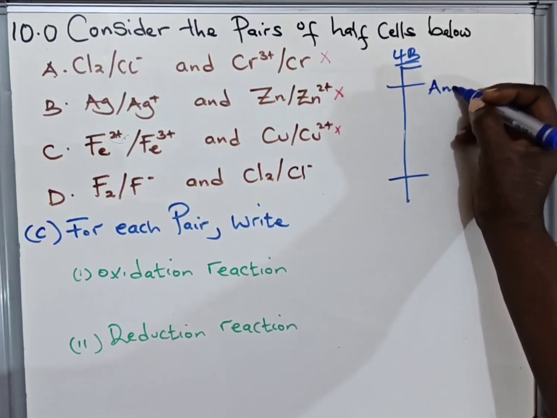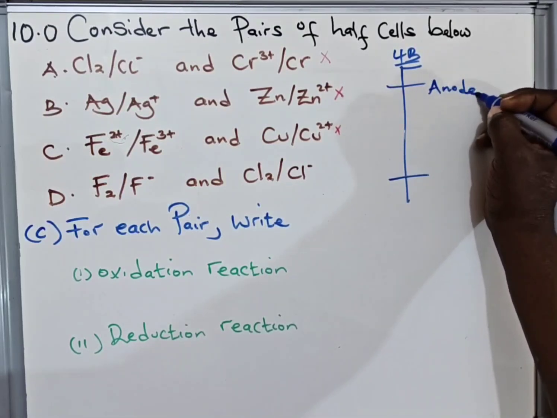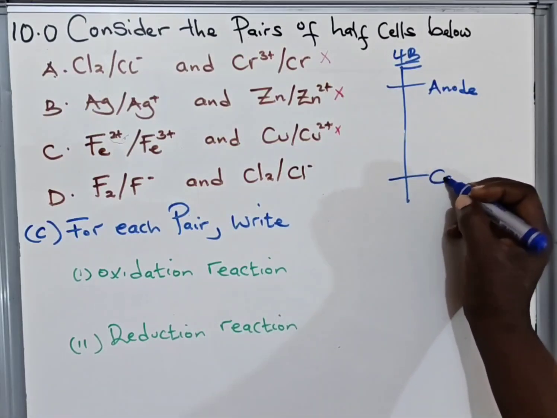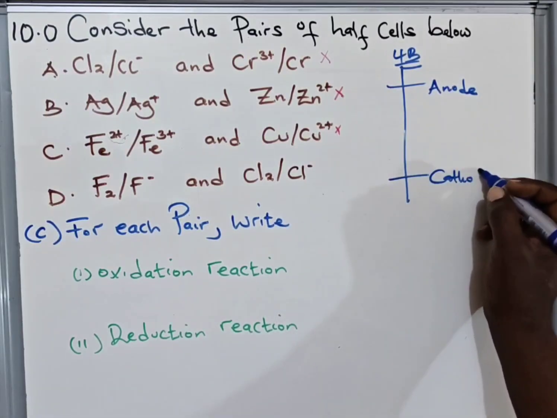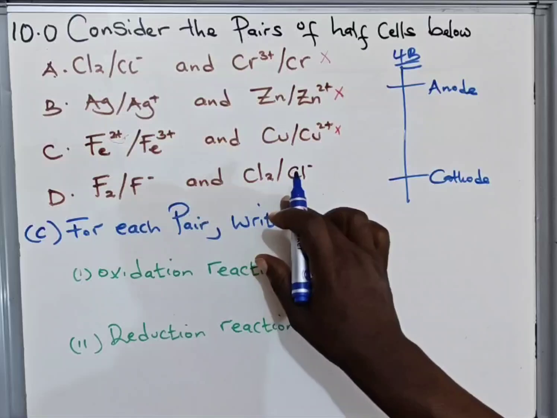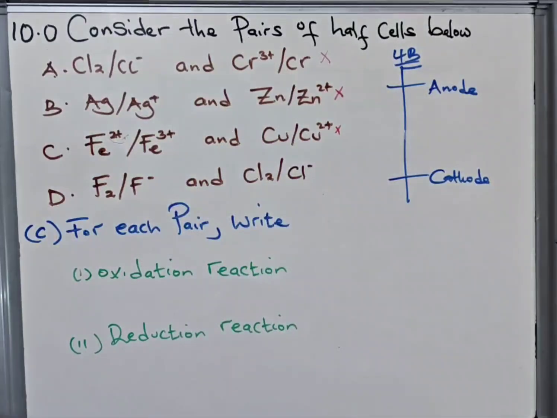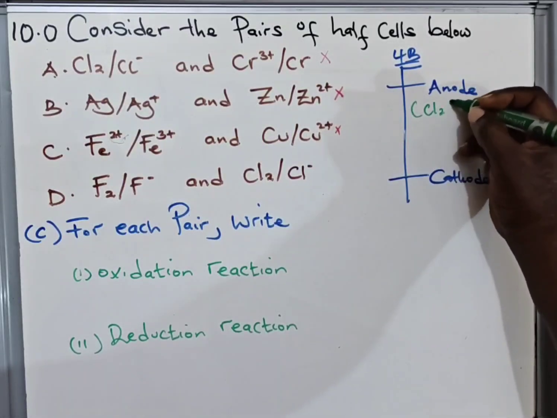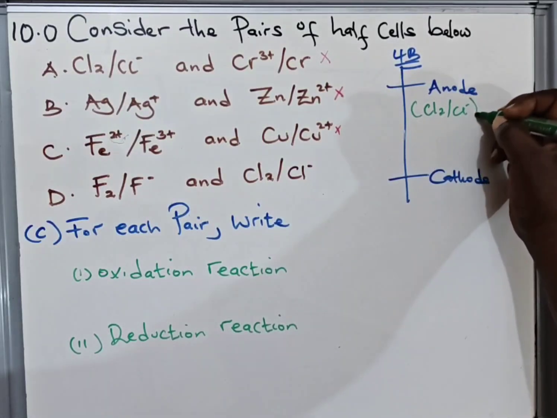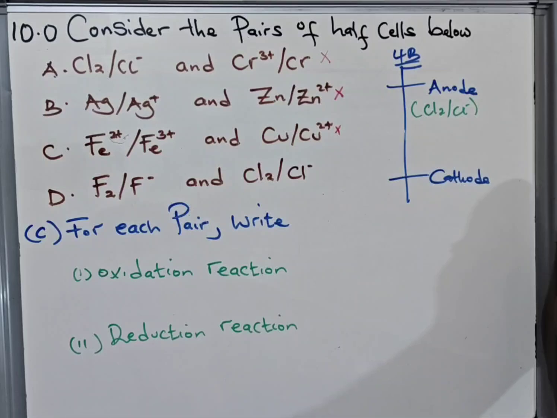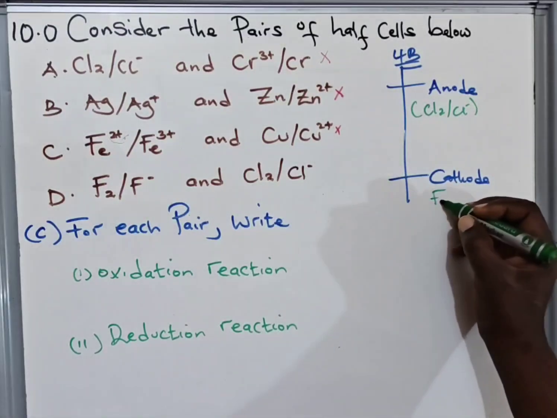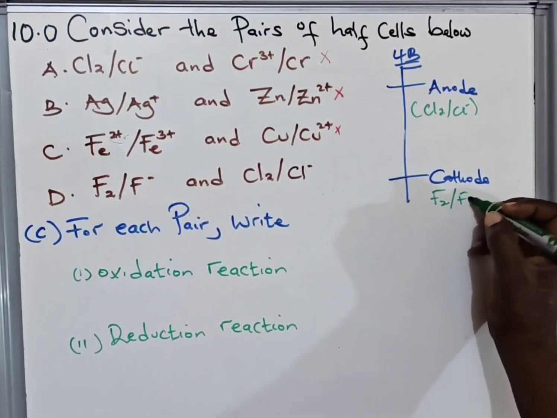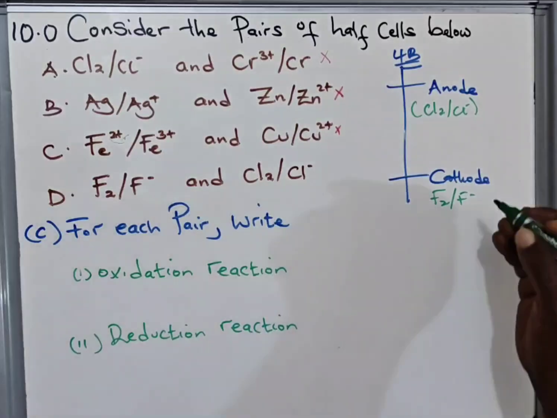Whatever comes first is the anode, and what comes later is the cathode. So between these two, which one comes first? It is the chlorine which comes first. So the chlorine half cell is the anode, and the fluorine half cell is the cathode.